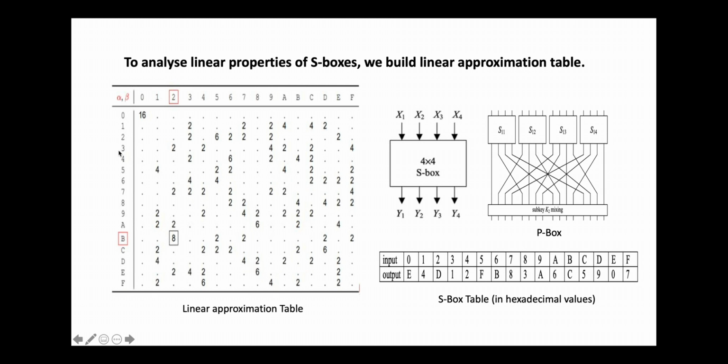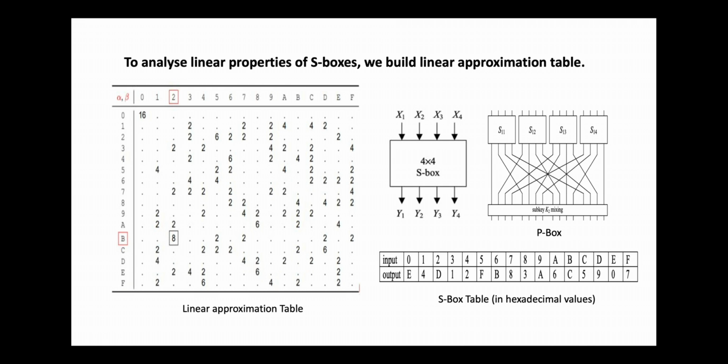This column shows the inputs of the S-box and this row shows the outputs of the S-box. And these values are called bias. I will not go into detail, but we can say like this: if you have an input B and output 2, then it has the highest value. So it is the most probable transition through the S-box.